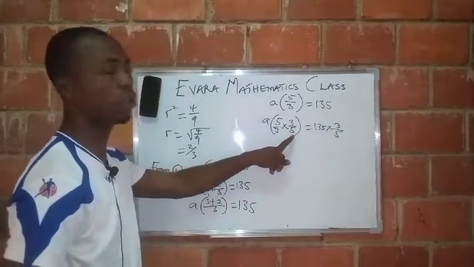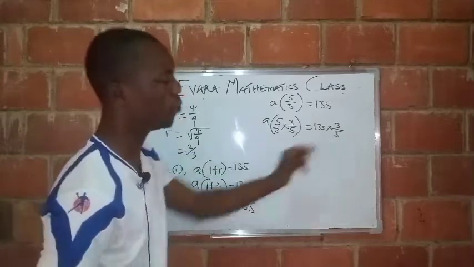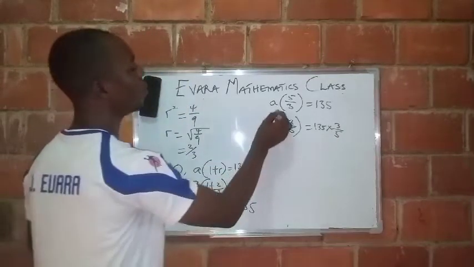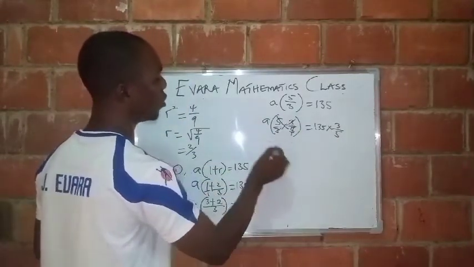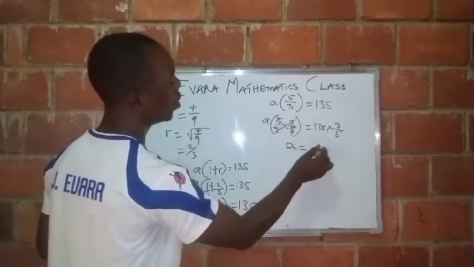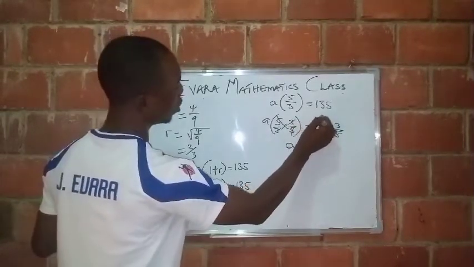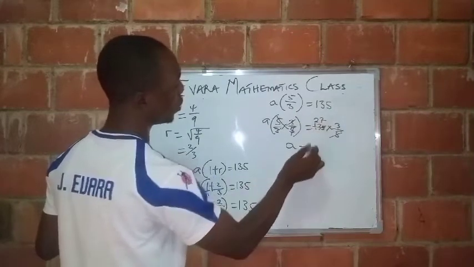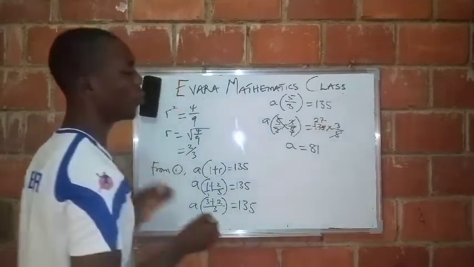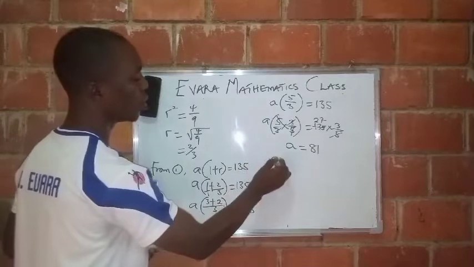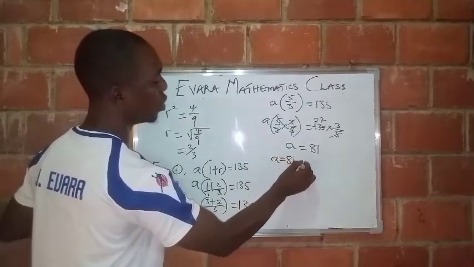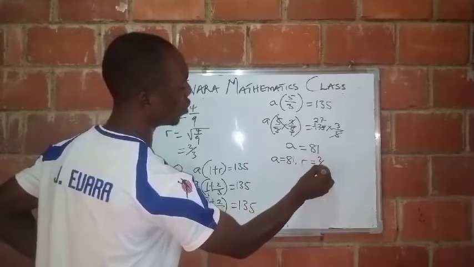The same inverse that we use at the left hand side will also be used at the right hand side. So 5 divides 5, 3 divides 3, then we are left with A. 5 in 135, that's 27. So 27 times 3, 81. So A is 81. The common ratio is 2/3.